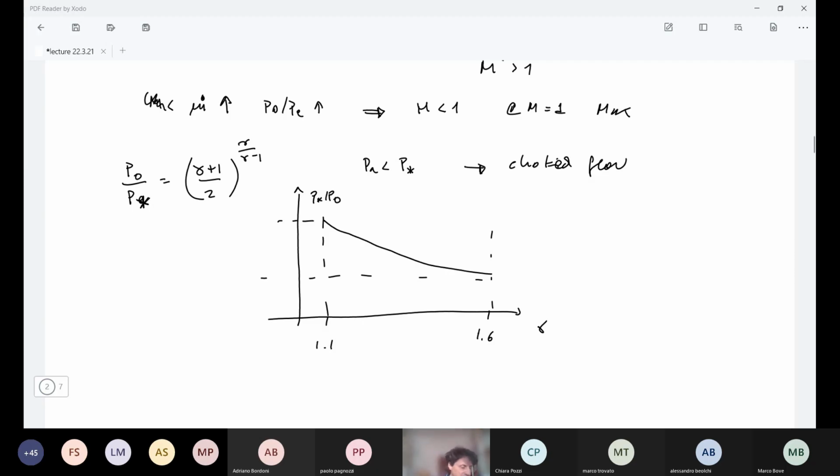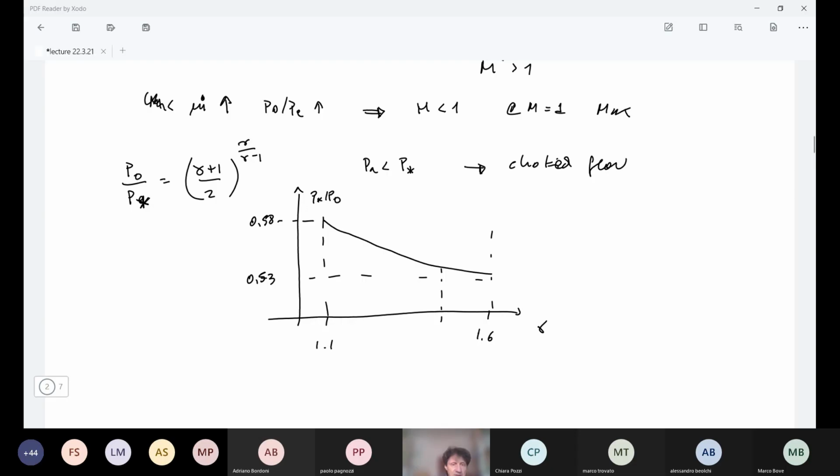And this is not so wide. In fact, we have values here, for instance, 0.53 at 1.1 and at 1.4. Sorry, 0.58 here, sorry.